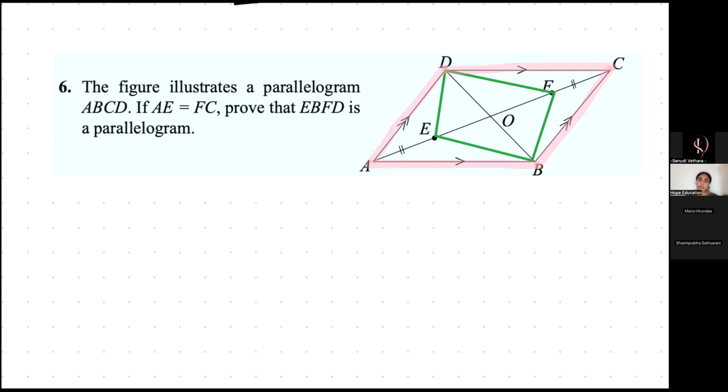මොනවාද මේ parallelogram එකේ diagonals? මෙයා එක diagonal එකක්, මෙයා තව diagonal එකක්, right? So that means AO should be equal to OC and DO should be equal to OB. Is that clear to you, Lamai? Okay.